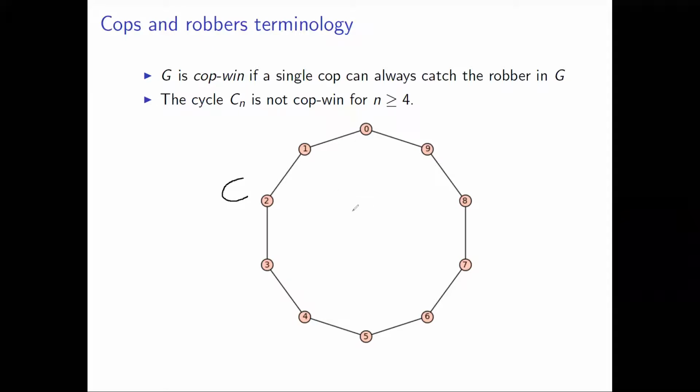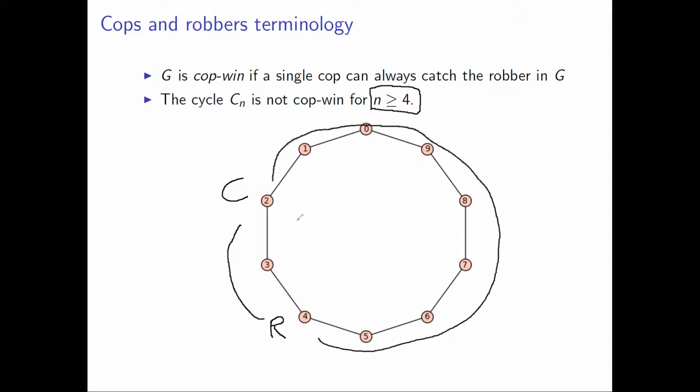Now the robber, wherever the cop places, since the cycle has order at least 4, can place 2 away from the cop. Exactly 2 away. If the order is exactly 4, then the robber will be distance 2 this way and distance 2 the other way. If the order is more than 4, then the robber has distance 2 only this way.